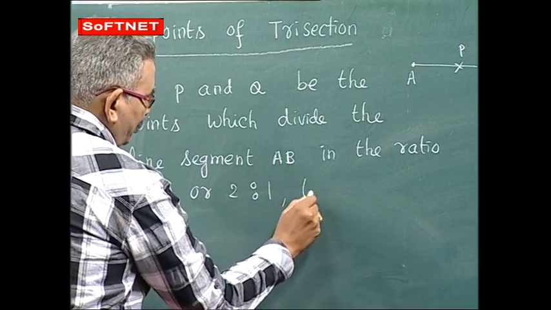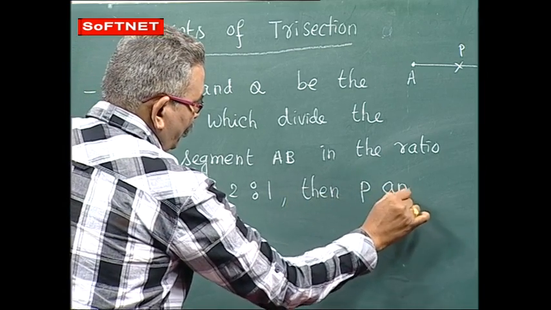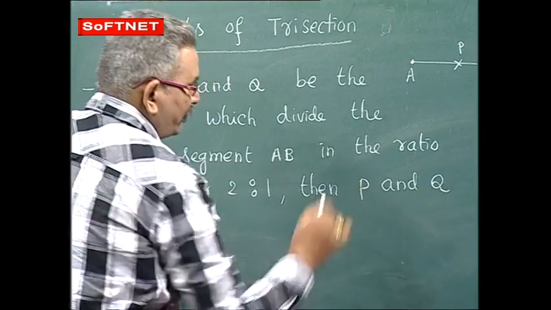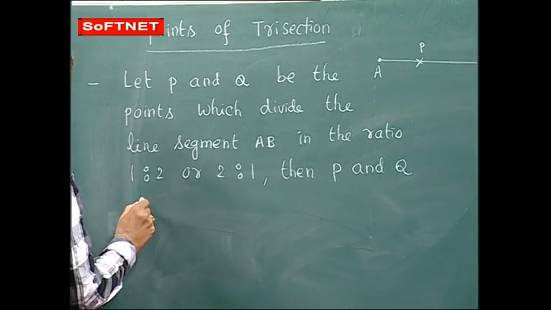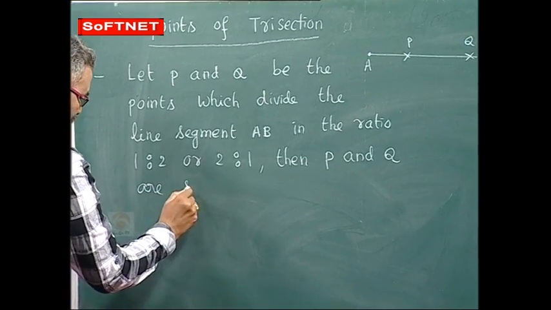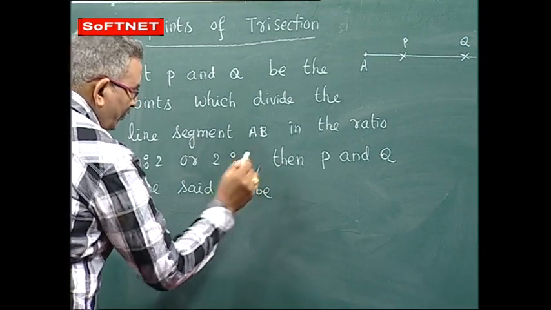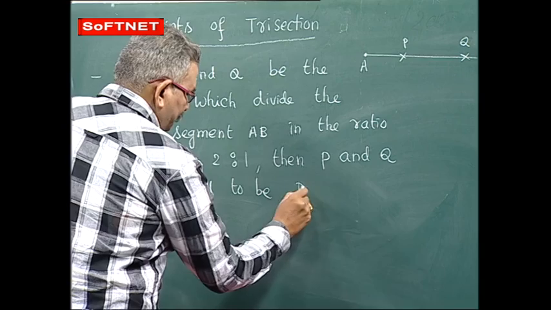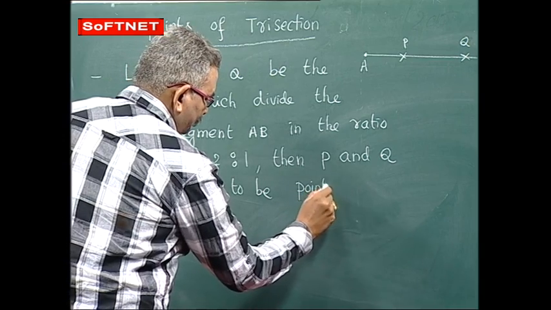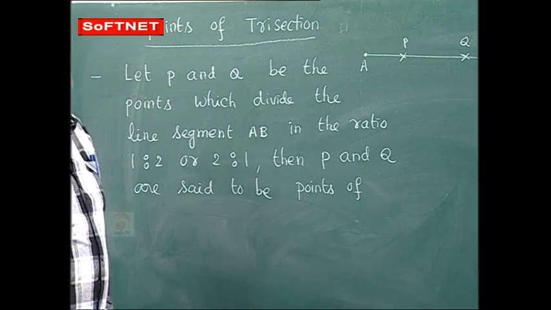Then P and Q are said to be points of trisection of AB bar.